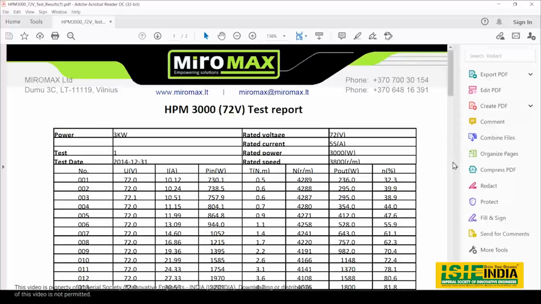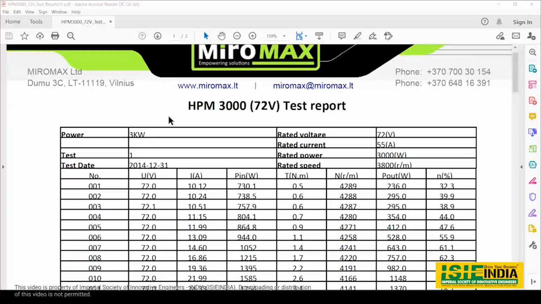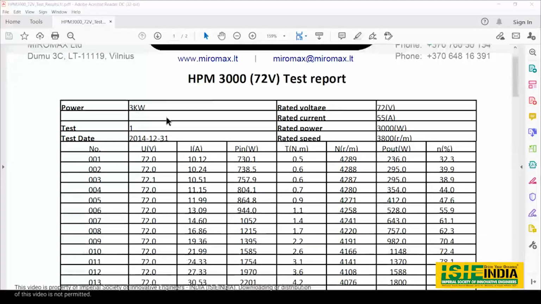This is for a 3 kilowatt motor. For a 3 kilowatt motor, we have this specification sheet with the whole data.